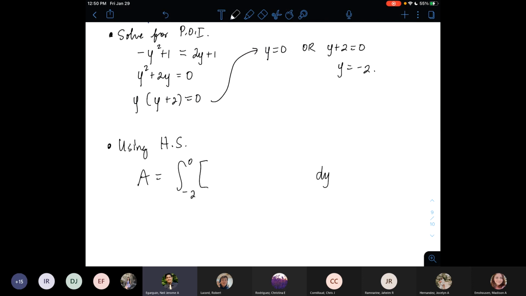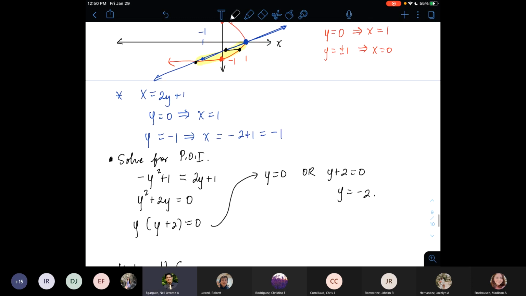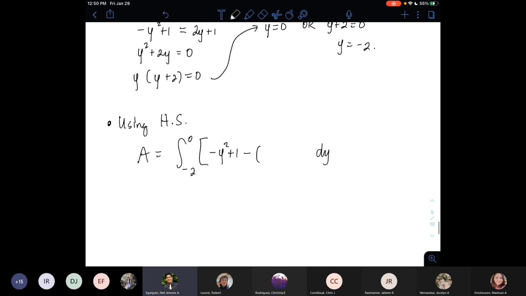So that will be -y² plus 1 minus the left function, which is the blue one, the line 2y plus 1. Just remember to be careful with the grouping symbols. The entire left function must be enclosed in parentheses so that you won't forget to distribute the minus sign when you evaluate the integral. All right. Then if you perform the integration here, you will get 4/3.